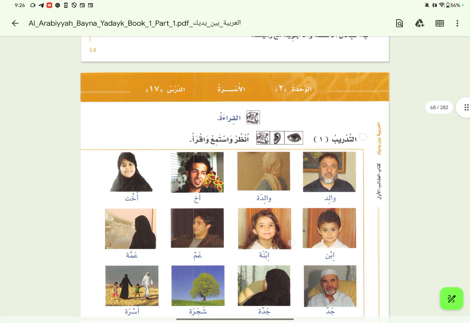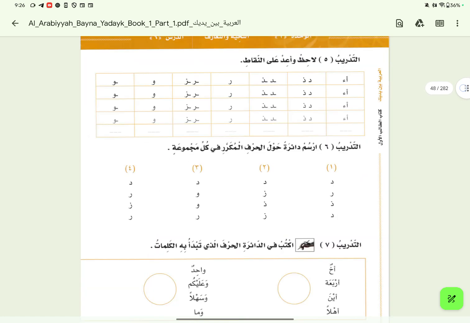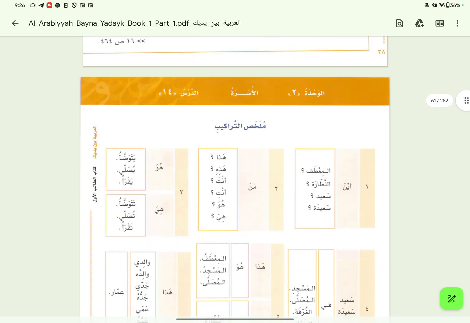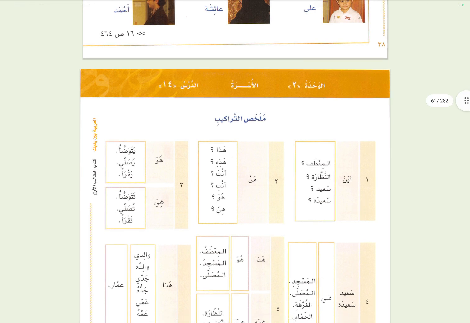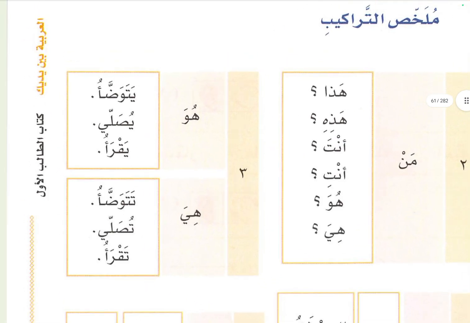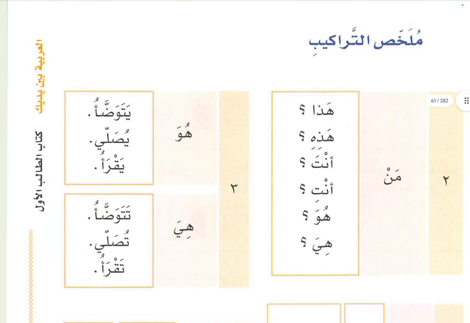On page 39, notice in the Mukhallaf al-Tarakib, we had this small example of the usage of the difference between the male and the female.